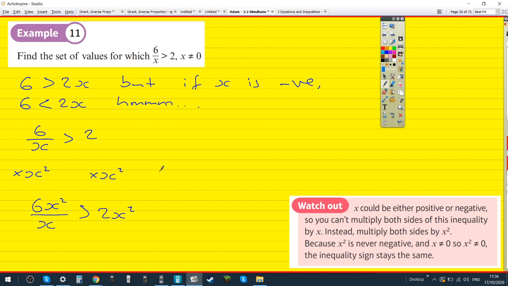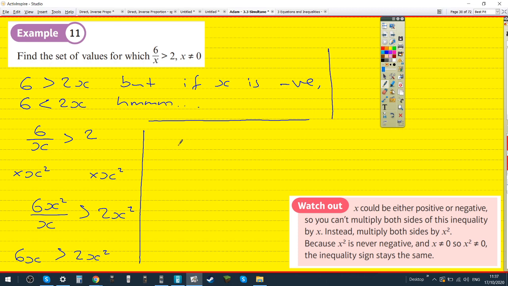Simplify. And then would you divide by x on both sides? What is 6x squared over x? Oh, it's just 6x. Yeah, and so 6x is greater than 2x squared. And then you'd solve that.